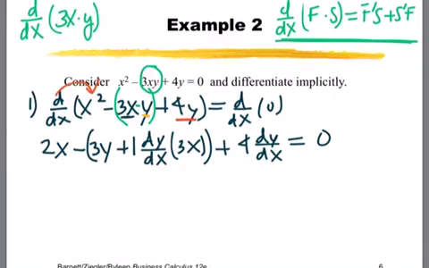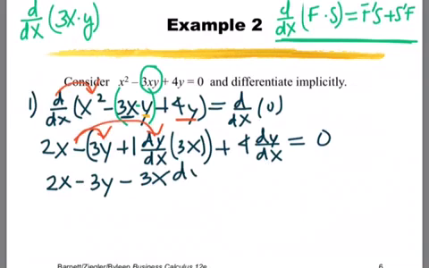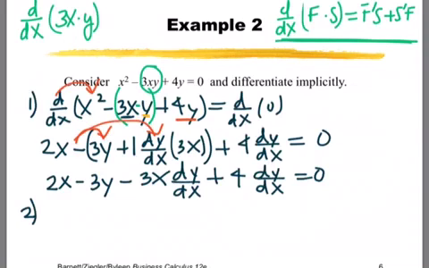Now I want to distribute my negative sign here. So I have 2x minus 3y minus 3x dy/dx plus 4 dy/dx equals 0. Step 2, I want to collect dy/dx terms on one side.